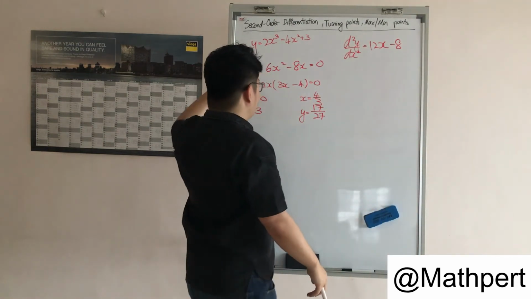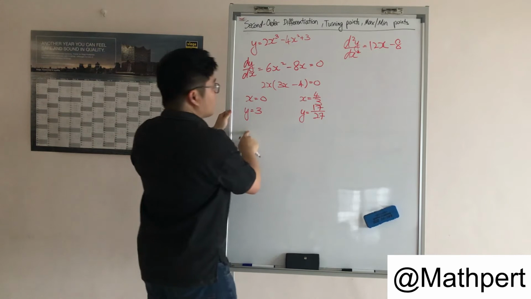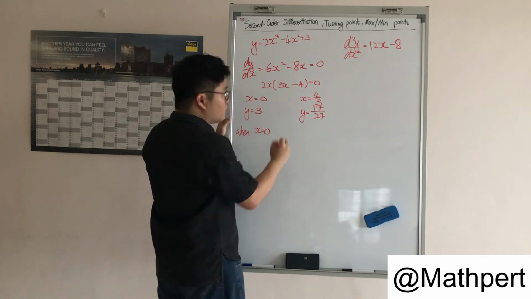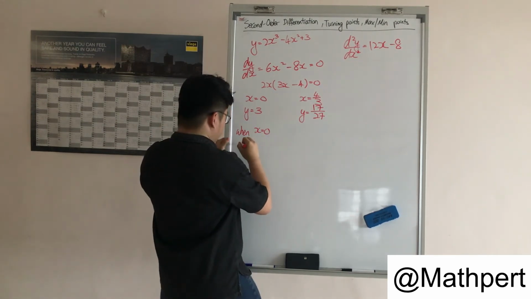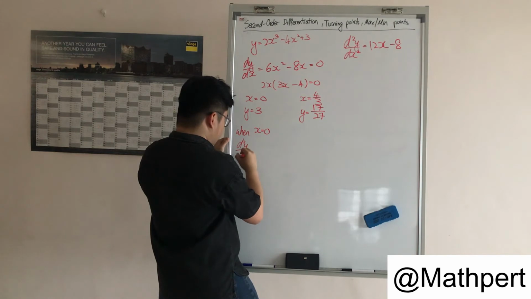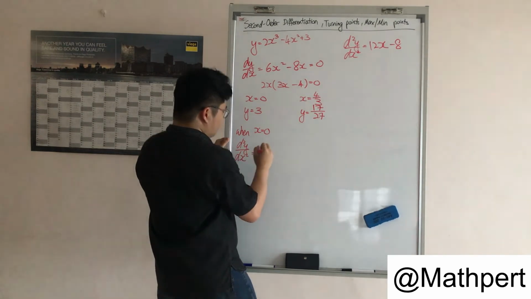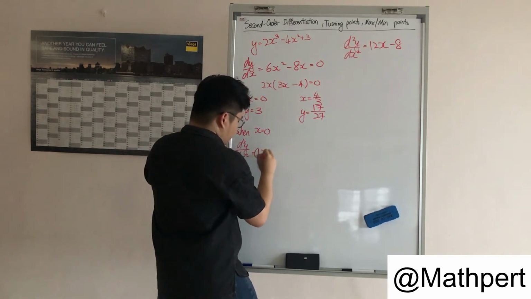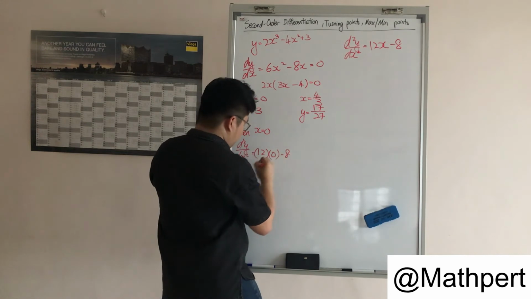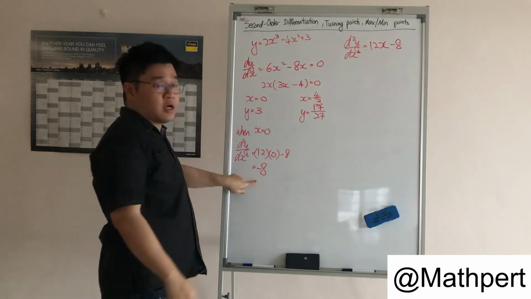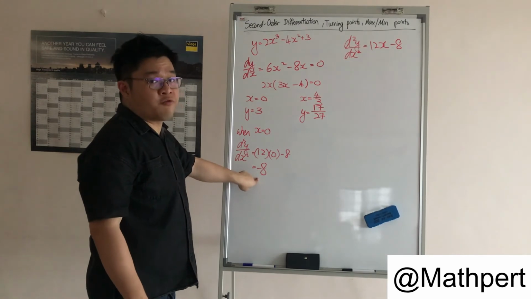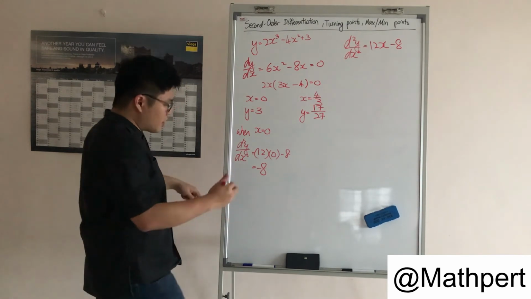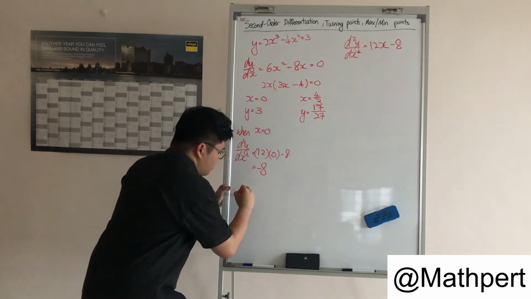So here, when x equals to 0, then d square y over dx square equals to, substitute 0 into here, 12 times 0 minus 8 equals to negative 8. This is a negative. What kind of point do we get? Maximum or minimum? Negative is maximum.